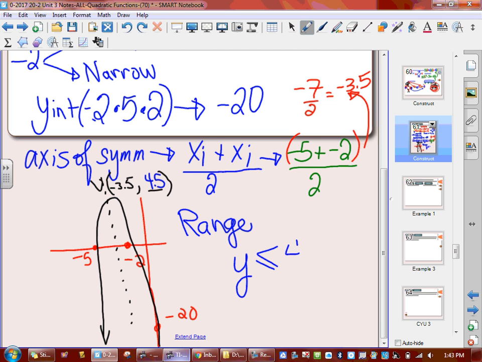Okay? And that is how we solve our first question. So there are many things that we can find just from an equation about the graph. And we can sketch the graph before we even use our calculator. We only needed to use our calculator to see how high it went. Everything else we knew about this graph.